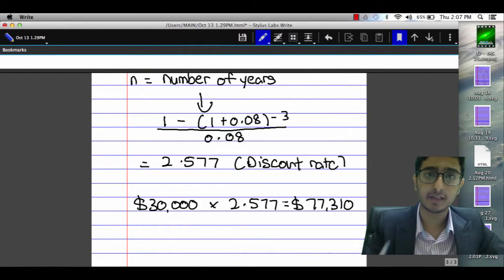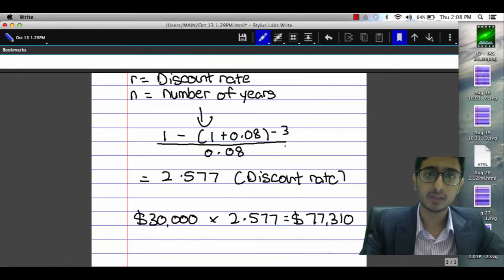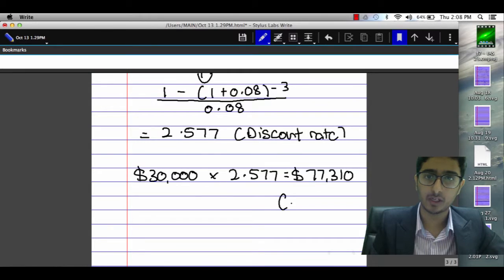This means that in 3 years, that $30,000 won't actually get us $90,000, but it will get us $77,310. Okay, now you might be wondering, why is the value low? This is because as time goes by, the value of money goes down. So this is what we call our value in use.